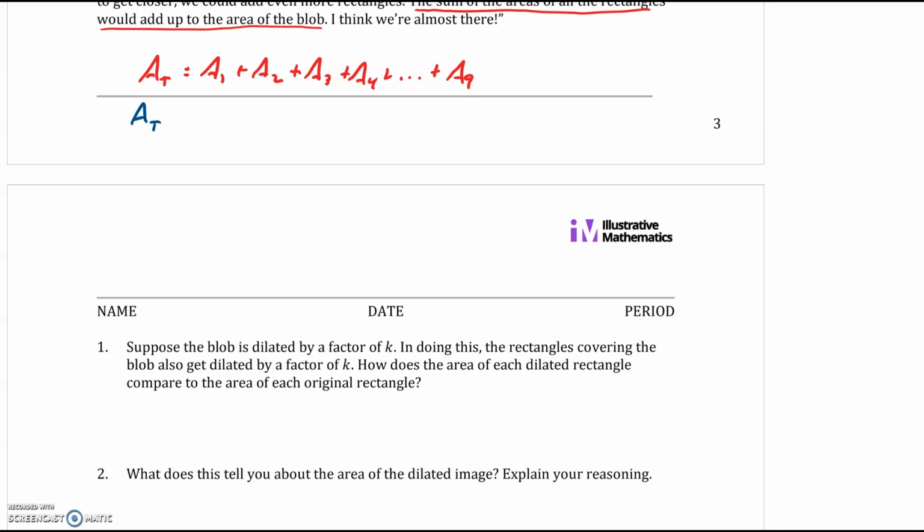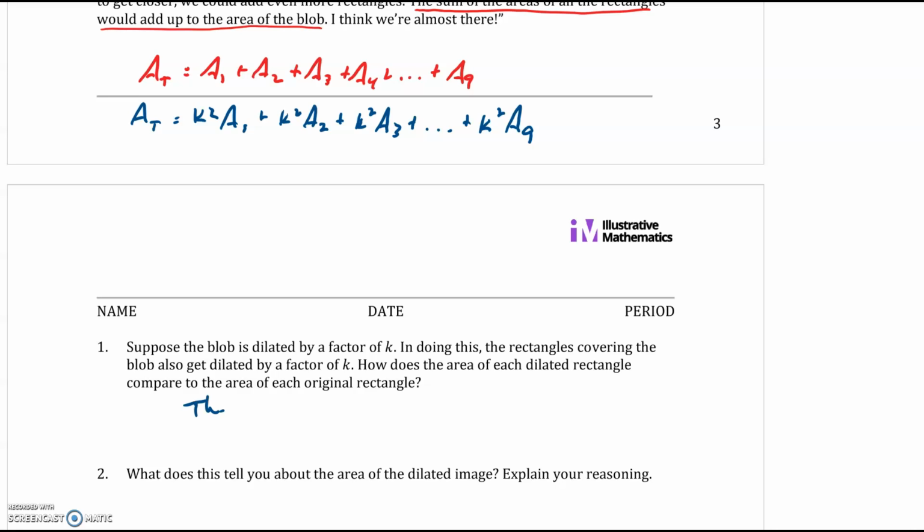Now my total area, I recognize that I'm going to take k squared multiplied by area 1. I'm going to take k squared, multiply it by area 2. I'm going to take k squared, multiply it by area 3, and I'm going to continue to do that all the way up to k squared multiplied by area 9. So how does the area of each dilated rectangle compare to the area of each original rectangle?